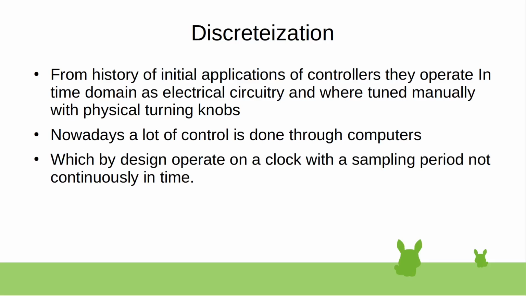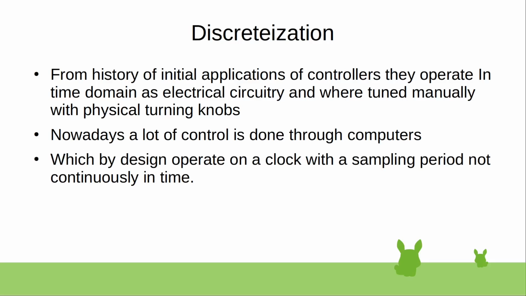A lot of the theory has been continuous, and the initial application was even continuous, where the controller itself was designed as an electrical circuit with manual tuning knobs. But nowadays, a lot of control paradigms are now computers. It can be applied in a microcontroller, in a computer, and whatnot. And those have clocks, and these clocks have a sampling period, so they're not continuous operation in time.